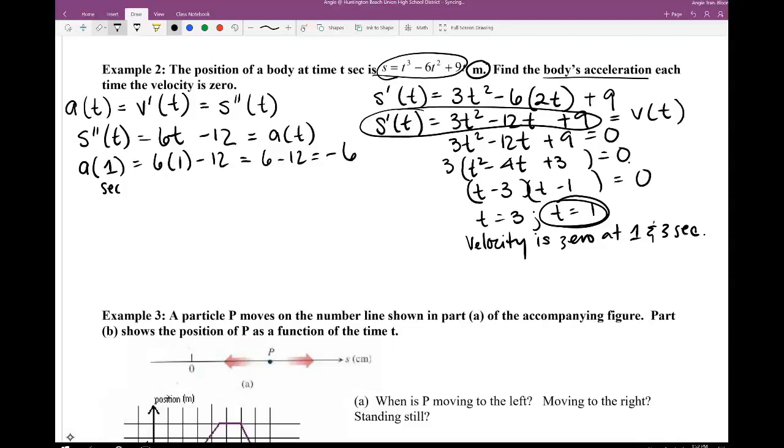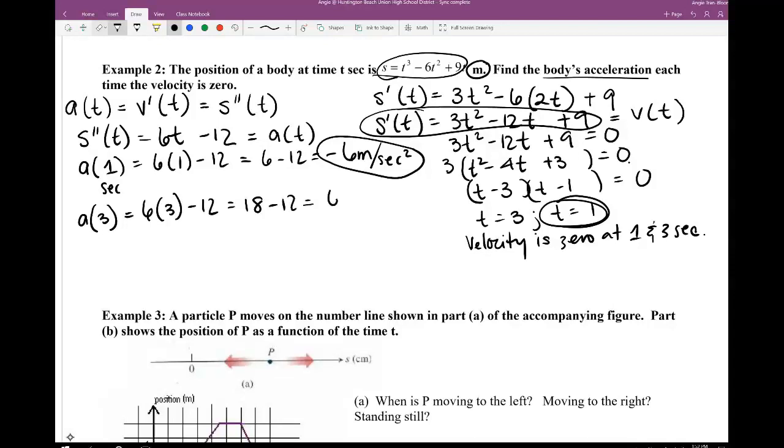And because this is acceleration, we have to write the correct unit of measurement, so make sure we have it as seconds squared. Then you can do the second time, which is at 3 seconds, so plug it in. So you can do 6 times 3 minus 12 equals 18 minus 12, so that's positive 6 meters per second squared.